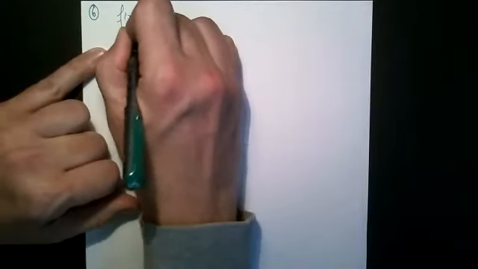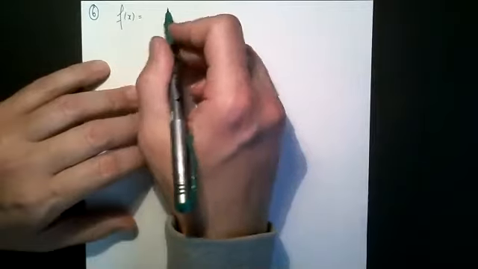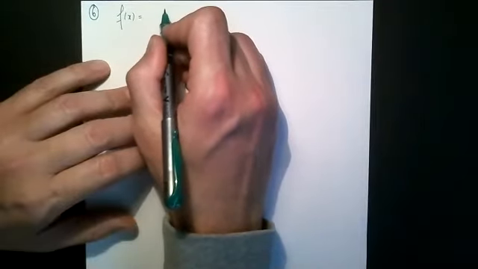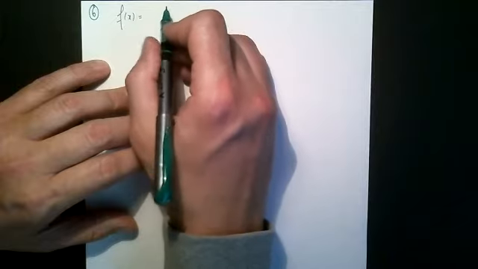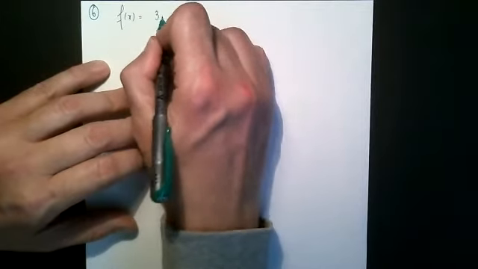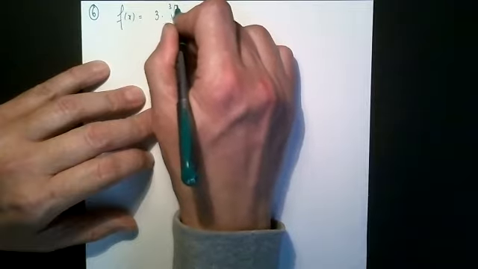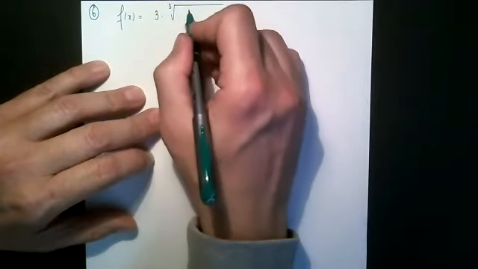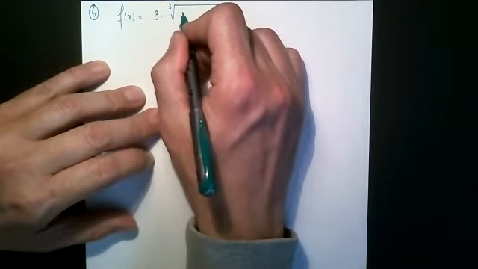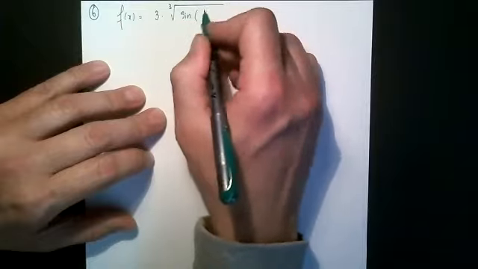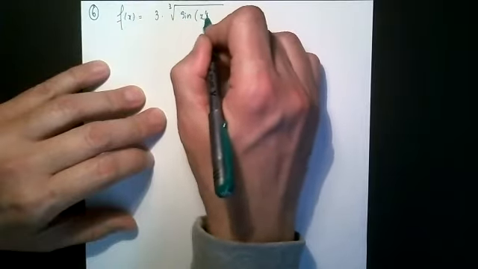So f of x, should I complicate things a bit or stay at the same level? Same level for now, I guess. Okay, so let's do 3 times the cubic root of sine of x^4.